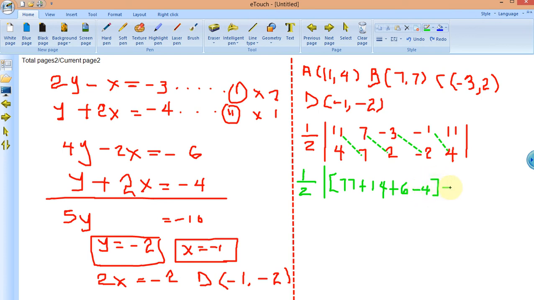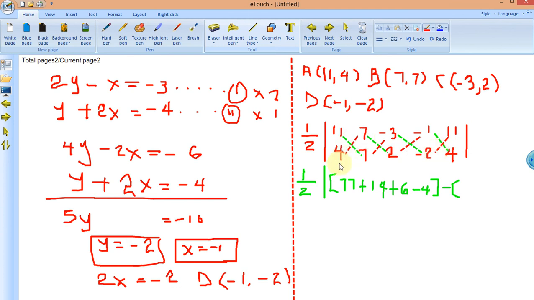Then minus, then open a new square bracket now. So you just do the other way around now. Okay, let me just go ahead with this. So the other way around now: this times this, then this times this, then this times this, then finally this times this.